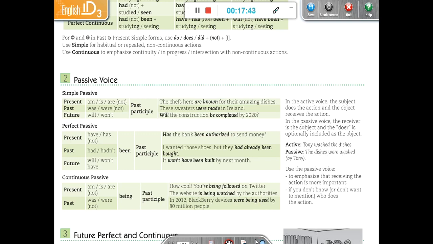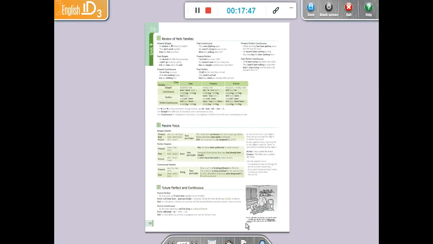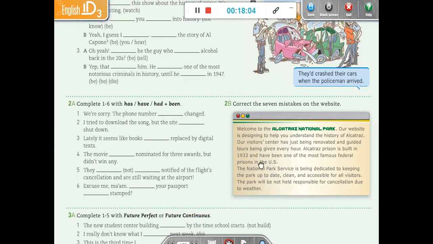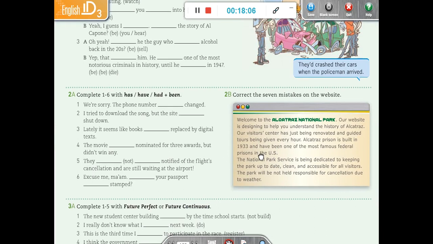So what you are going to do now is go to the next page and answer this activity. We have it here. Remember, you are going to complete with passive.